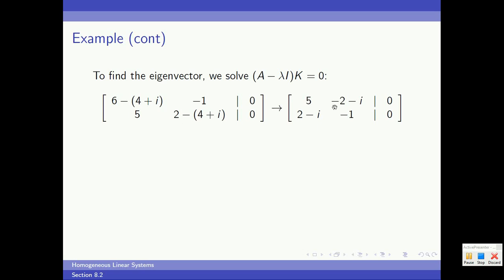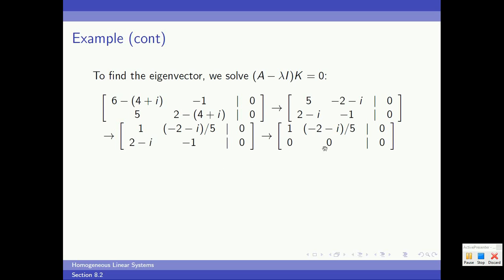The 2 minus 4 gives me a negative 2. 6 minus 4 gives me a positive 2. So then I'm going to multiply this one by a 1/5, this whole entire row. And then I'm going to multiply this all times the minus 2 plus i. I end up getting all zeros down here. Remember, you're always going to get a row of zeros if you've done this right and found the right eigenvalues.